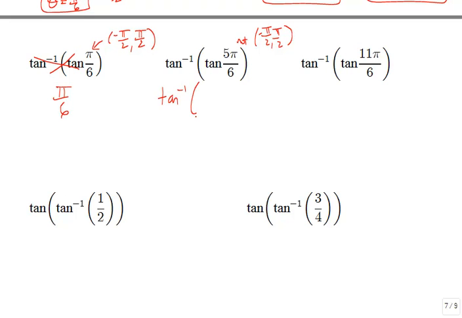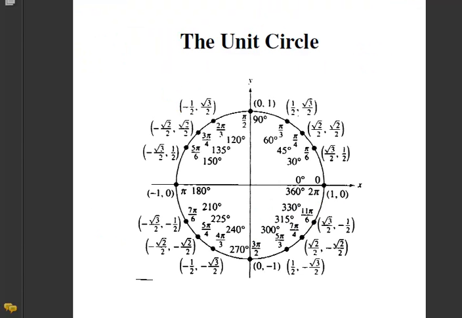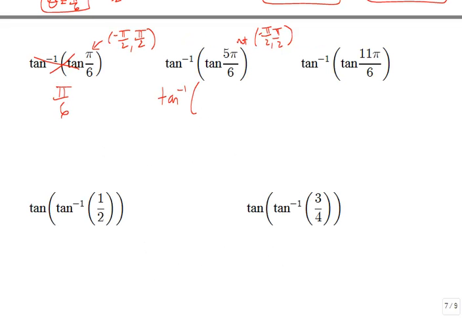Remember, tangent is sine over cosine. So if we think about our unit circle, here's 5 pi over 6. The sine is 1/2, and the cosine is negative root 3 over 2. So I would need a 1/2 on top and a negative root 3 over 2 on the bottom, so those 2's are going to cancel out. So this is negative 1 over root 3, or if you rationalize your denominator, negative root 3 over 3.